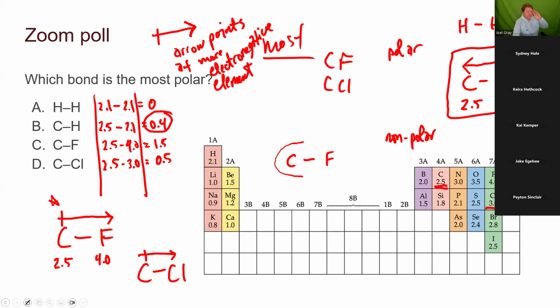So I like to draw those dagger models and then come up with something that looks like this. That's not a fantastic drawing, but the larger side is my more negative and more electronegative element. So that's what that would look like, whereas CH would look a little bit more like this.